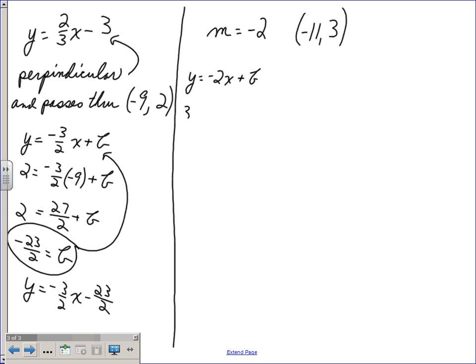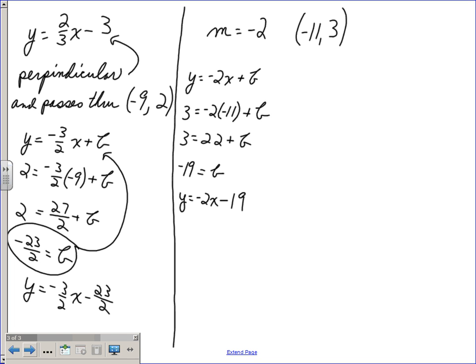We would put in 3 for y, we would put in negative 11 for the x. We have 3 equals 22 plus b, and subtracting 22 from each side, b would equal negative 19. And my equation, y equals negative 2x minus 19.